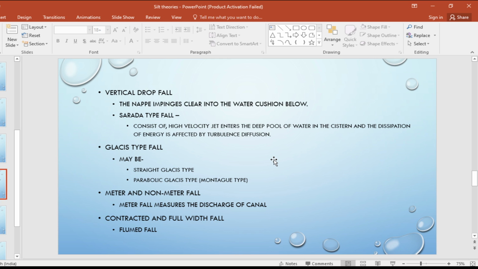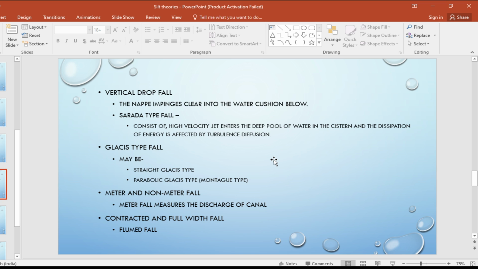In earlier types of vertical falls, the dimensions of cistern were put in arbitrarily in light of experiences of the designers. मतलब यहाँ पे कोई क्राइटेरिया नहीं है, उनके एक्सपीरियंस पे ही वो डिजाइन करते हैं.